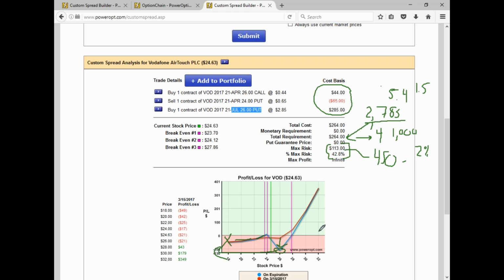When I open a married put, it's because my expectation is the stock's going to move up 3 to 6% or so in the first 20 to 30 days, or 20 to 40 days. All right, so let's just say 5%. Well, this would put the stock right up at 25.63. On the married put, I'm going to have a gain. With the synthetic, you're going to be at a loss.